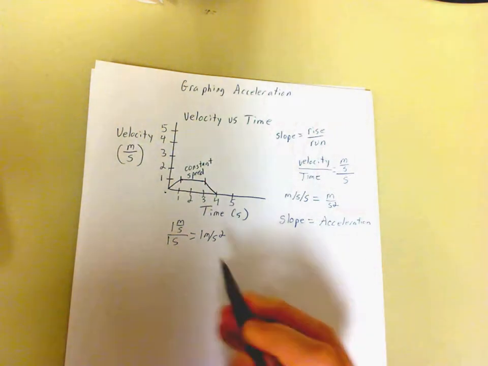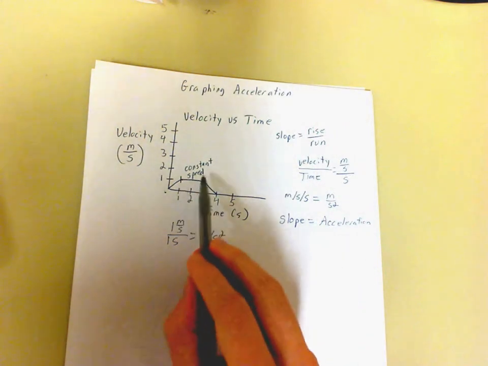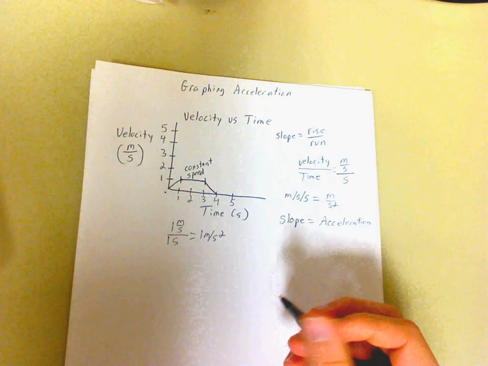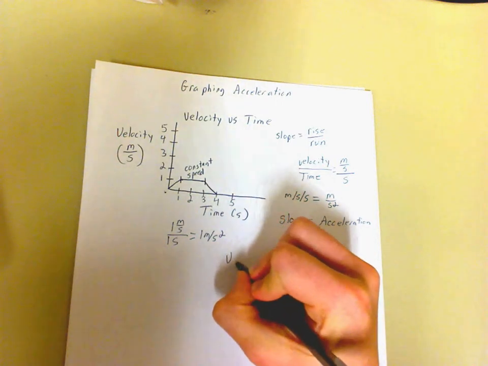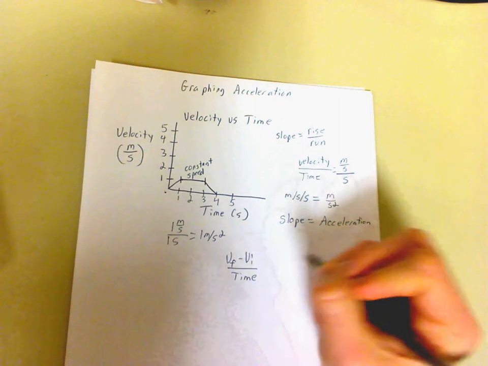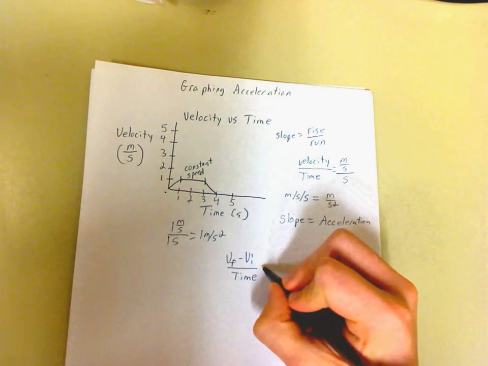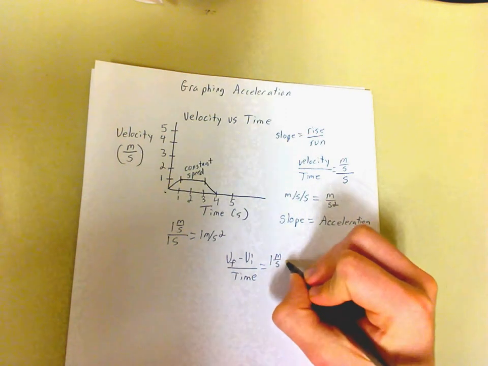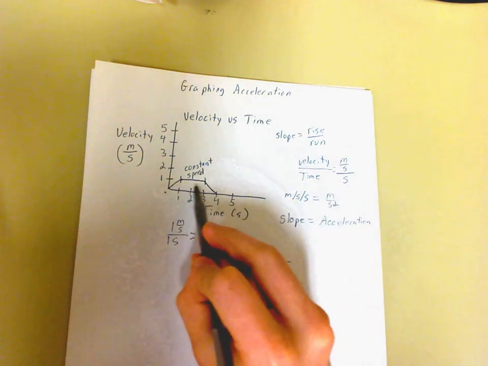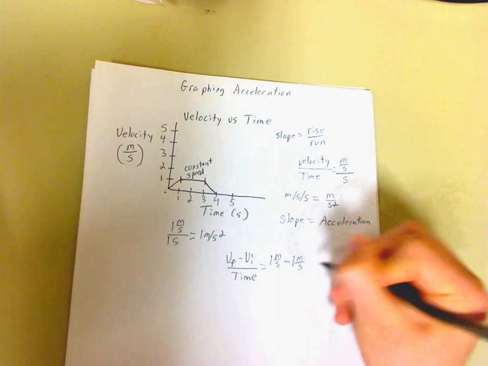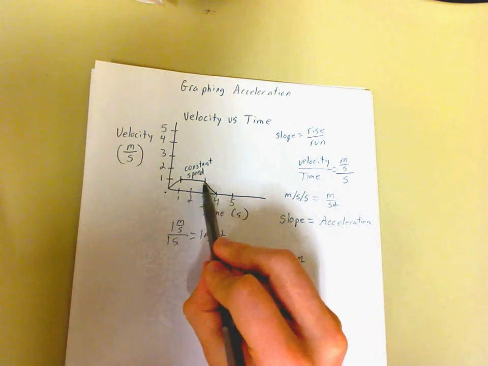Now let's show you how it works in the formula to show you that it is a constant speed. So what is our final velocity, our VF? We have VF minus VI over time. Remember, we need to write down the formulas before we use them. We have 1 meter per second minus our initial, which was 1 meter per second, and we see we got our VF because our VF was also 1 meter per second.